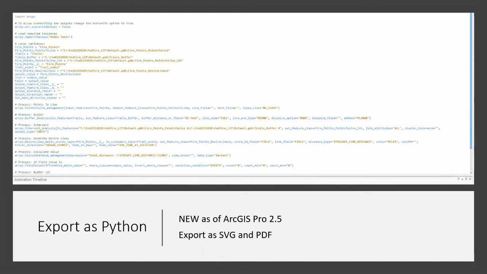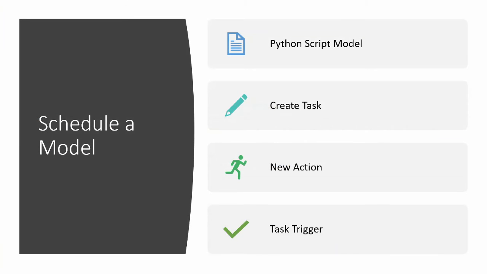The other, and this is a new capability for ArcGIS Pro 2.5, is that you're able to take your model and export it as a Python script. You can also export that model as an SVG or a PDF. So we have this standalone model, but we also need to take into account automation.